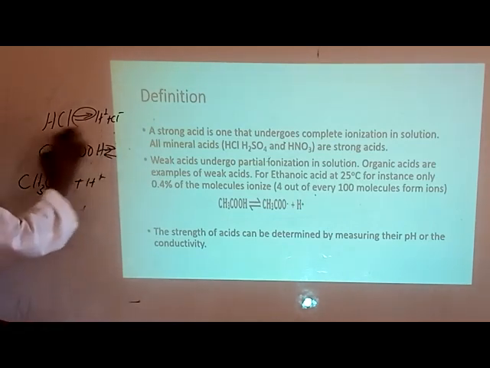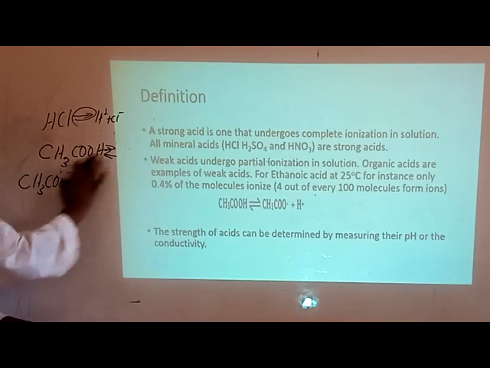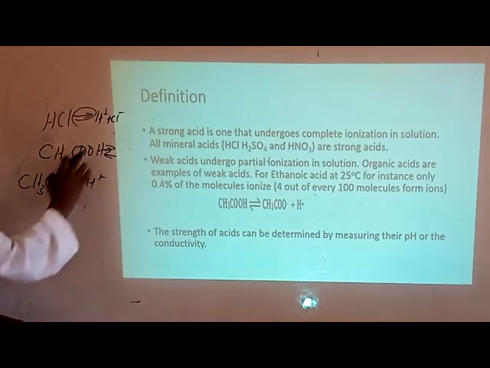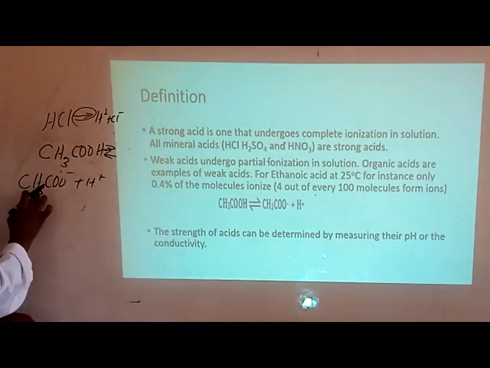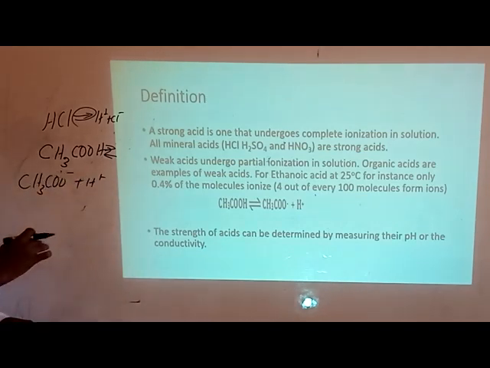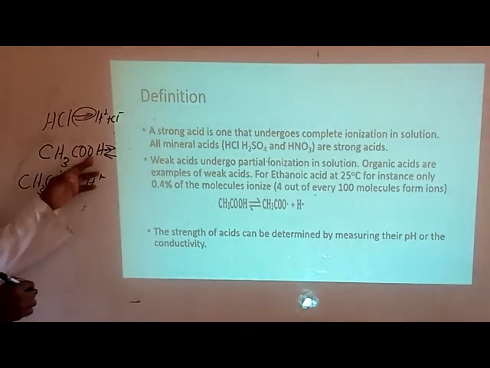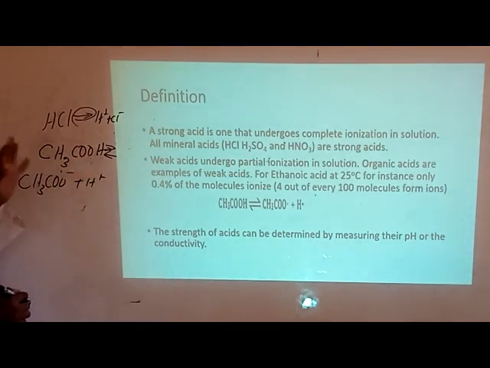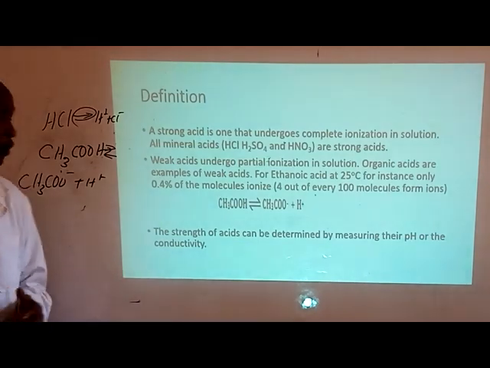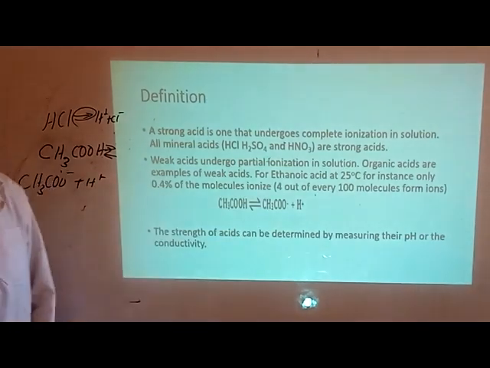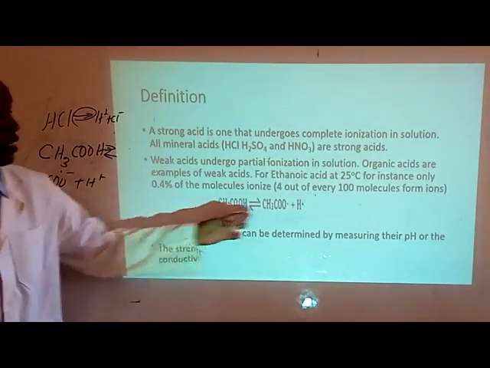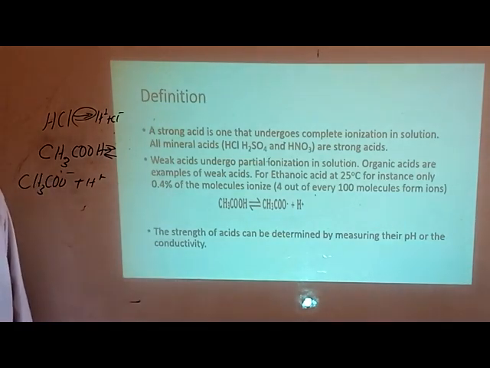So mainly there will be molecules of ethanoic acid in the solution of ethanoic acid, not the ethanoate ion, not the hydrogen ion, but mainly the ethanoic acid molecule. So it undergoes partial ionization. Note that this is reversible, so that all these will exist in equilibrium.